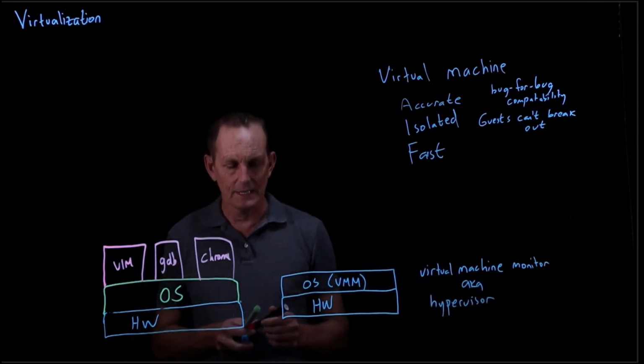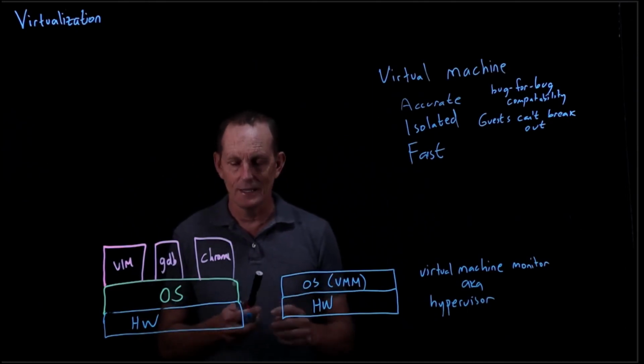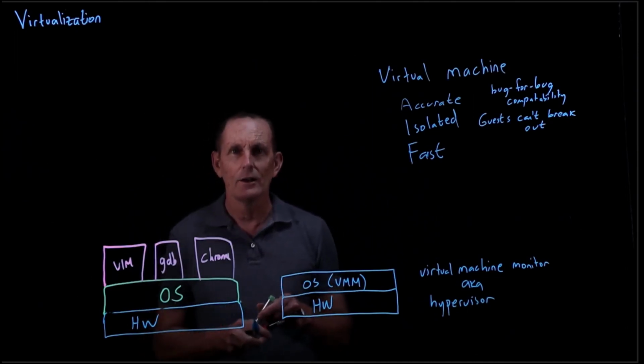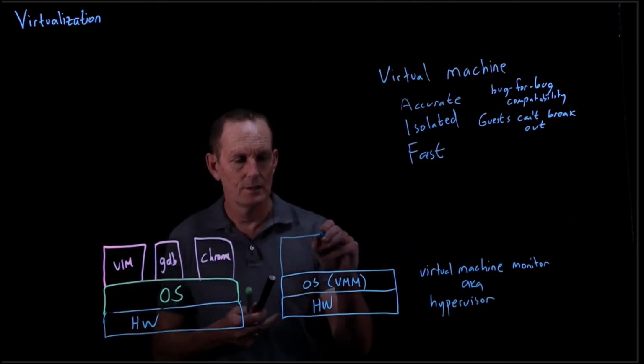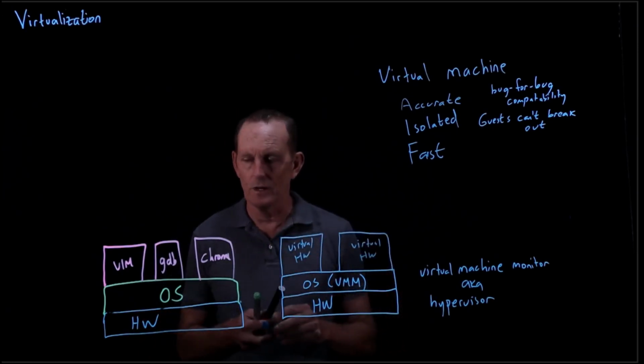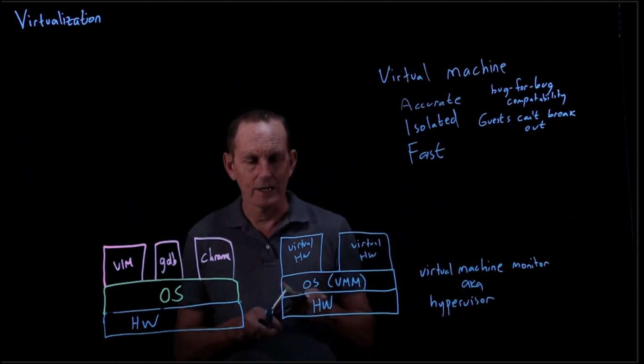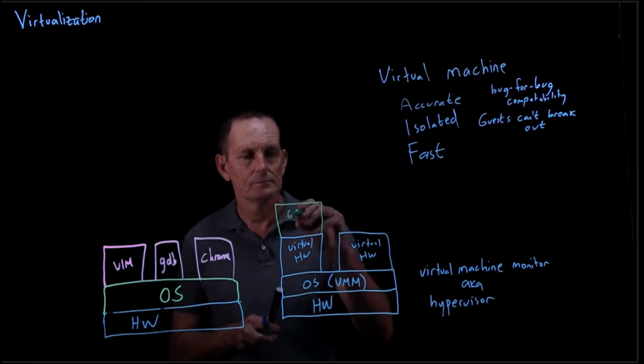So this is one way we can run things. What the hypervisor or VMM provides is virtual hardware, one or more virtual hardware. And then on top of the virtual hardware, we have our guest operating system.